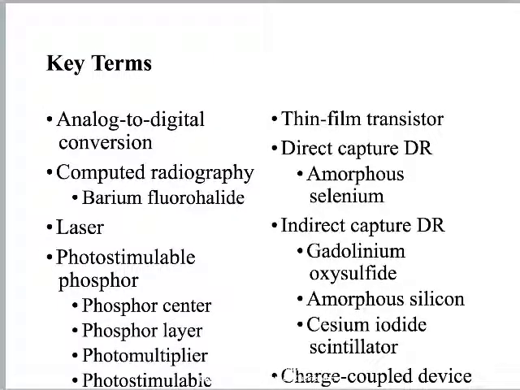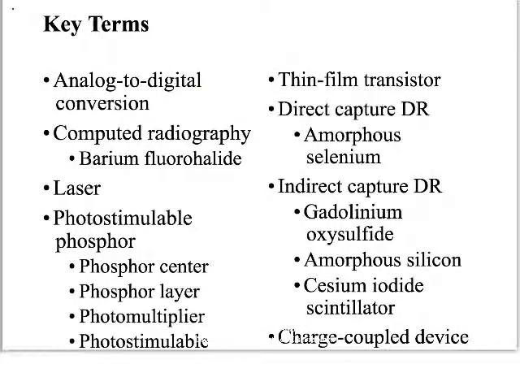Here's some key terms that I've identified that'll be helpful to us, and it looks like it's not showing up completely here on the slide. But analog to digital, these are the good flashcard type terms, right? Analog to digital conversion, we should be pretty familiar with that. Computed radiography, and underneath that I've identified barium fluorohalide.